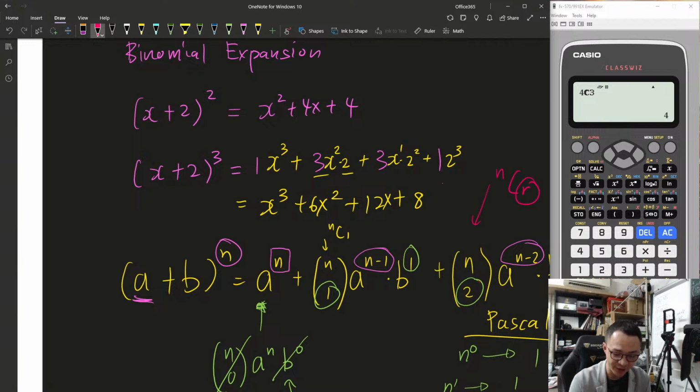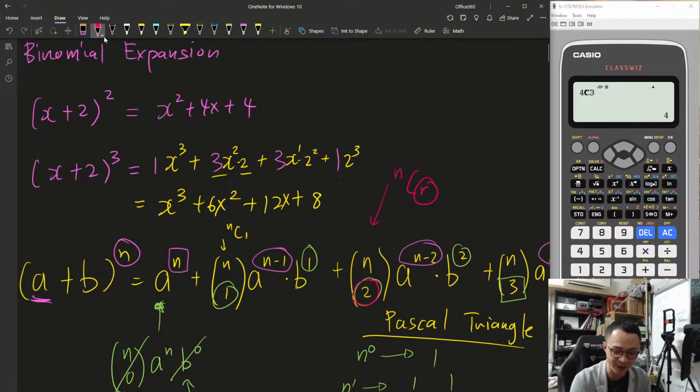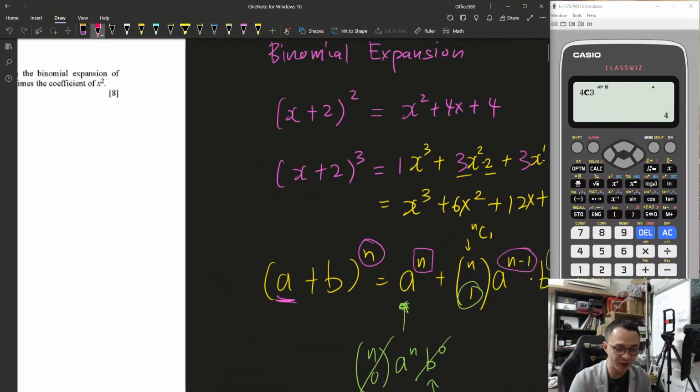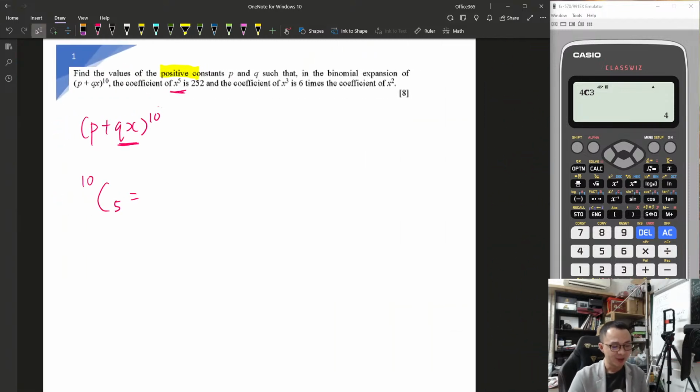My r value is exactly the power of b. So if I understand that idea, 10 is my n value. So this is how I get a 10 here. And why do I choose 5? Because I want to get the x power of 5.